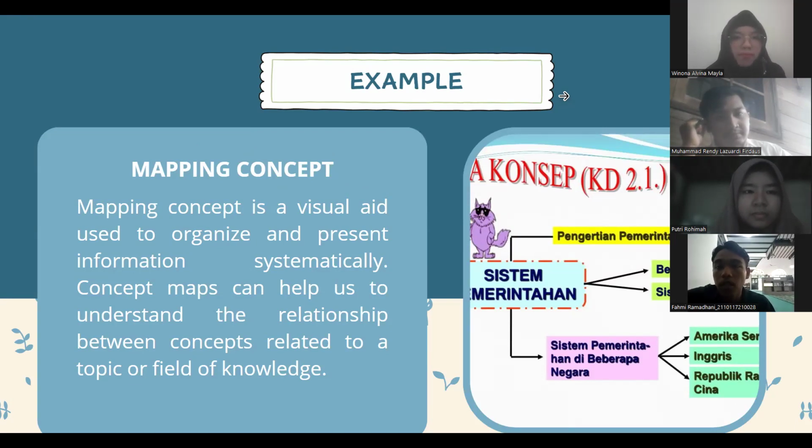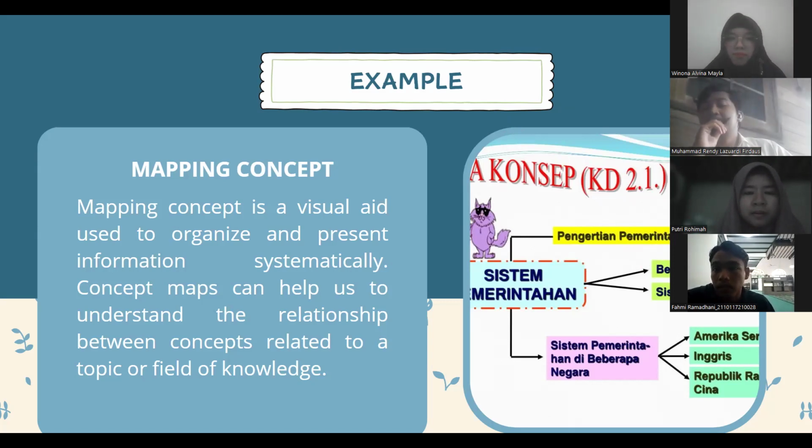Concept maps can help us to understand the relationship between concepts related to a topic or field of knowledge. So, mapping concept can also improve our critical, creative, and analytical thinking skills.